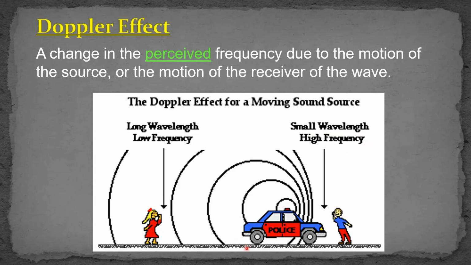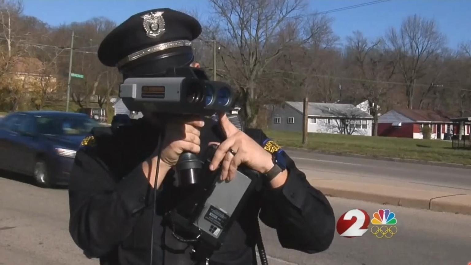This little cartoon of a police car actually fits in with my next example for practical application. If you've ever been driving and you see a police officer pointing one of these at you, you probably know that the officer is measuring your speed. This is commonly referred to as a radar gun. How this works is it sends out a signal of light. It's not visible, we can't actually see it.